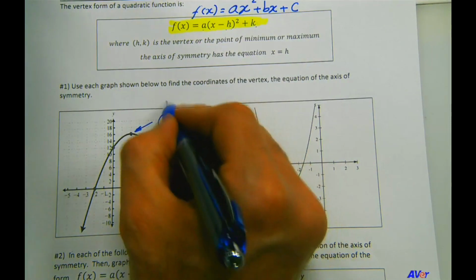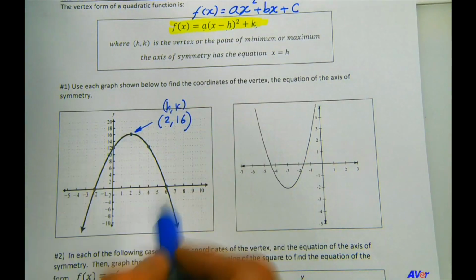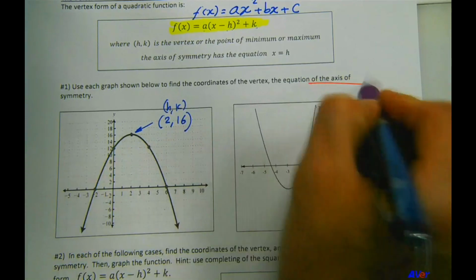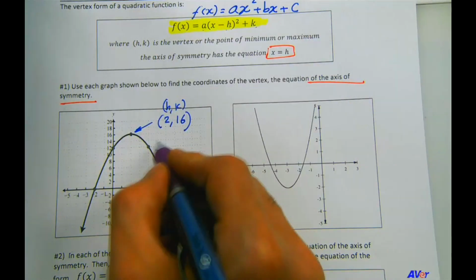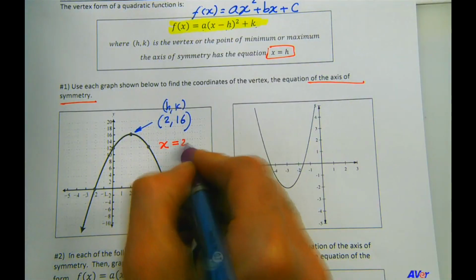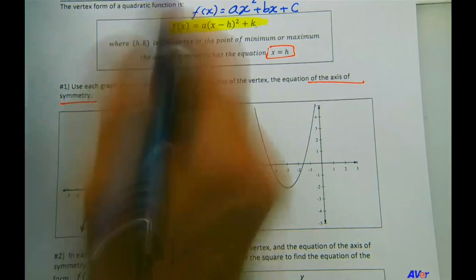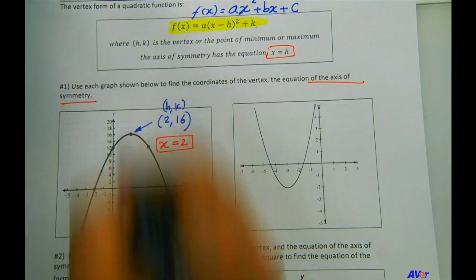This is h, k, the coordinates of the vertex. k is 16, h is 2. So the axis of symmetry, which has this equation, would be x equals 2, going right through the vertex. A vertical line going right like that.